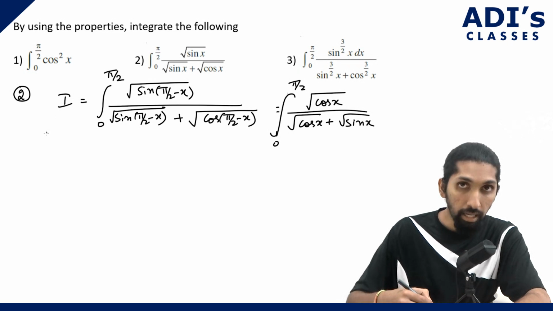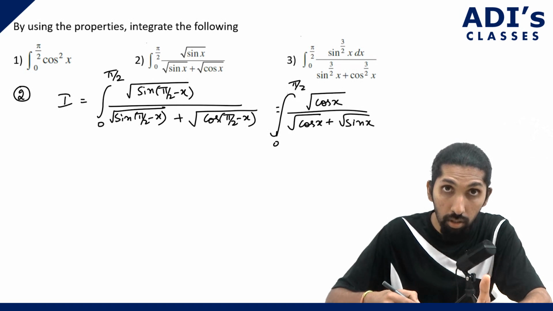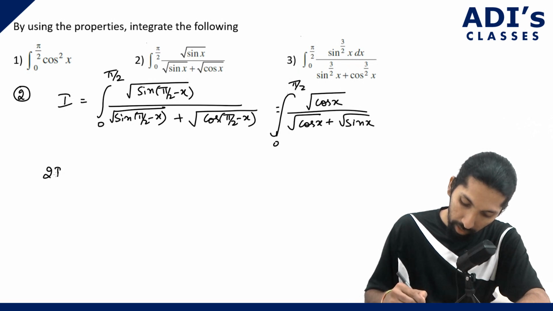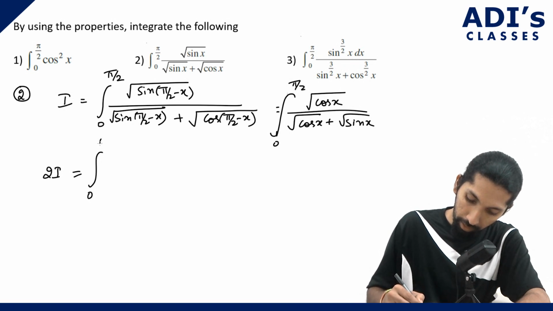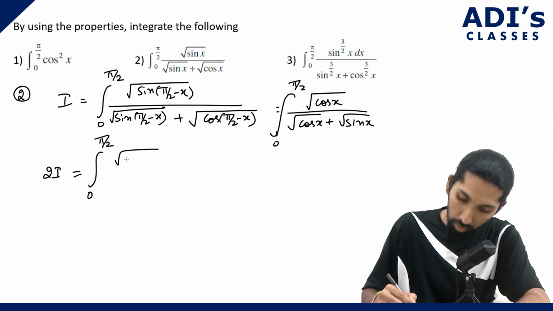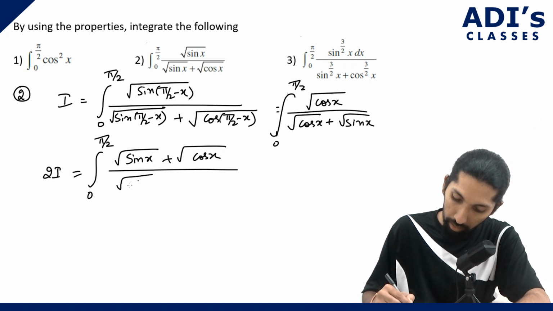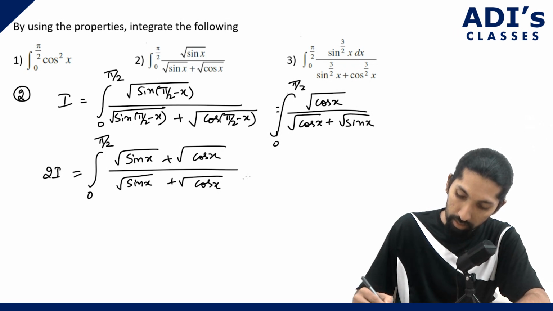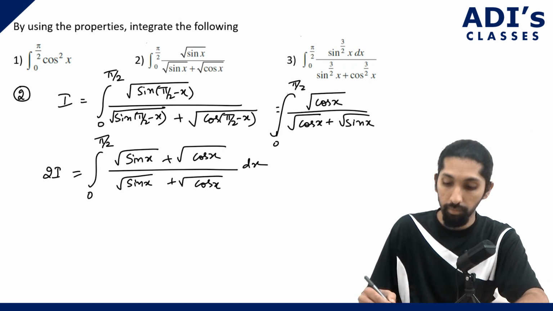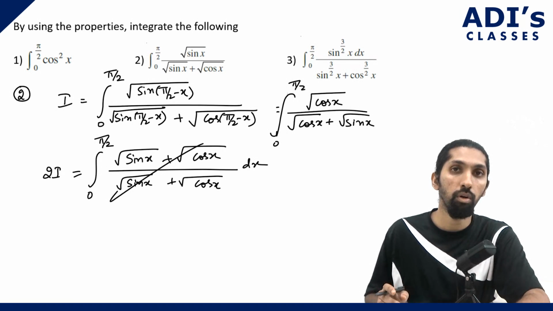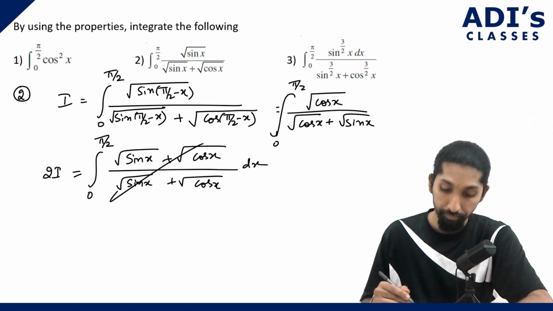Now take this I and add it with the question, because the question is also equal to I. So LHS is going to become 2I, integral 0 to pi by 2 of root of sin x plus root of cos x by root of sin x plus root of cos x dx. Everything cancels out. So you will have 1, just like the previous one we just did, correct?